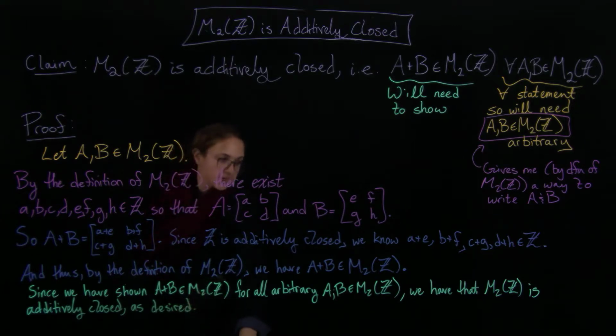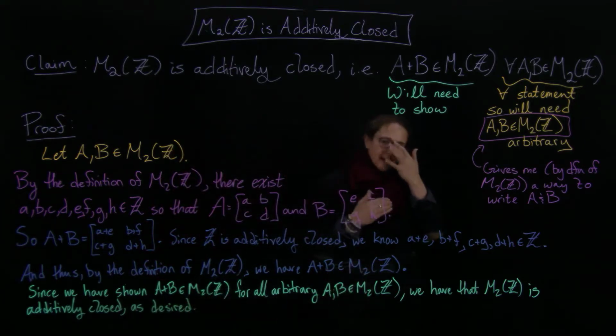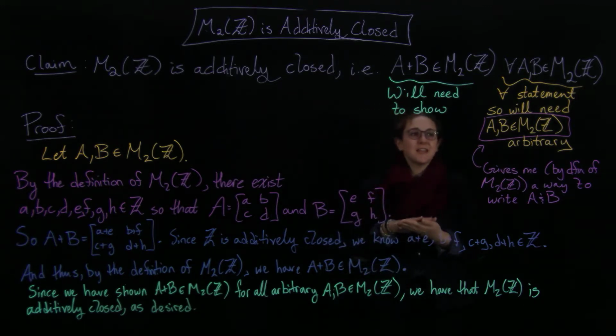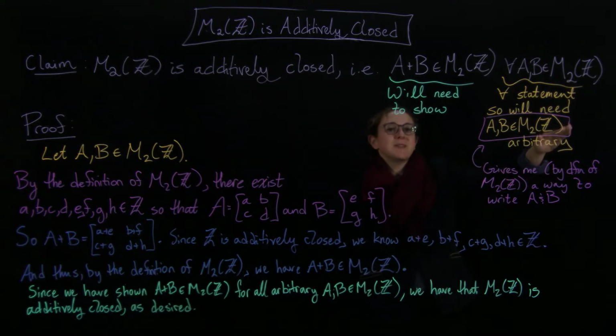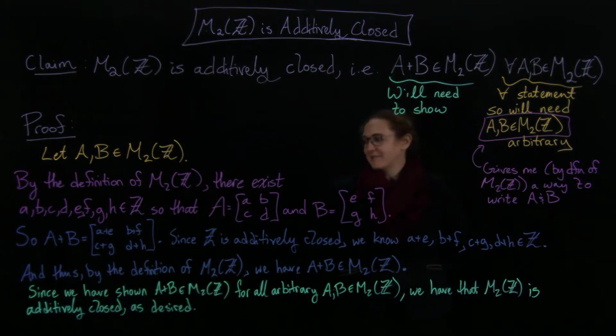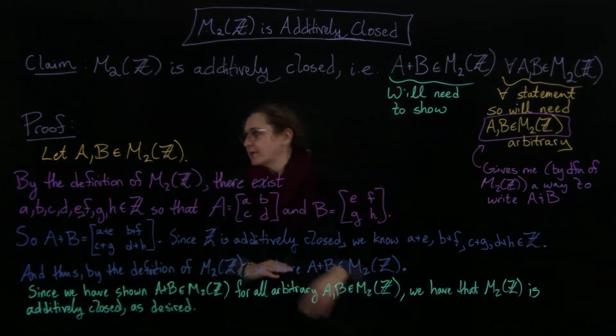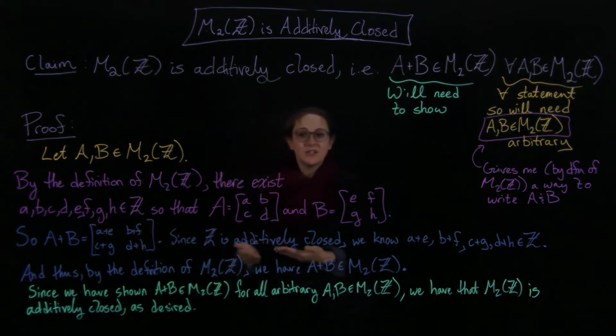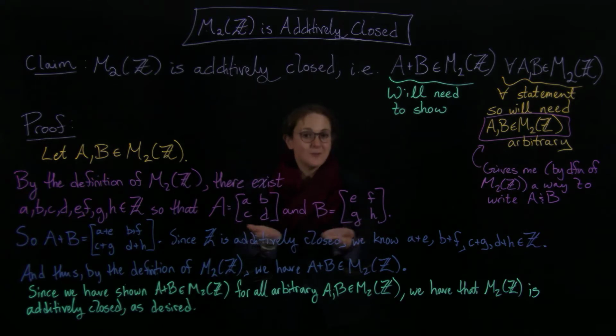Okay, so what have we done here? What we knew we needed to do, because this is a for all statement, is take an arbitrary A and B and show that their sum is actually in M2Z. So we start out by letting these be arbitrary. And now this is one of these circumstances where we can use the definition to translate them into some generic form that we can work with.